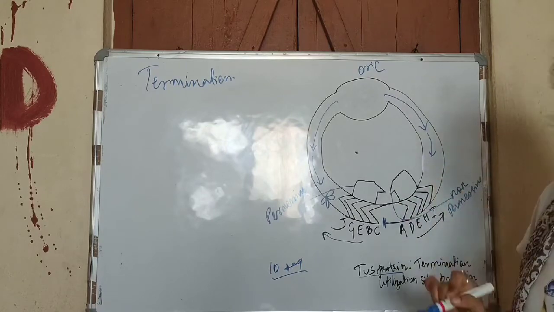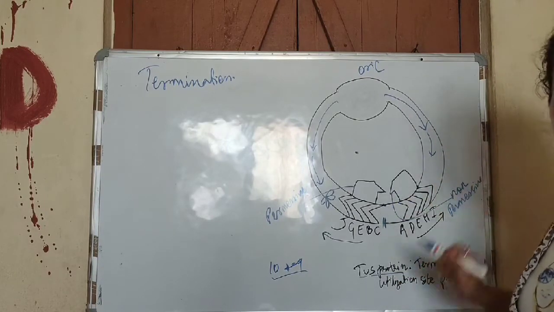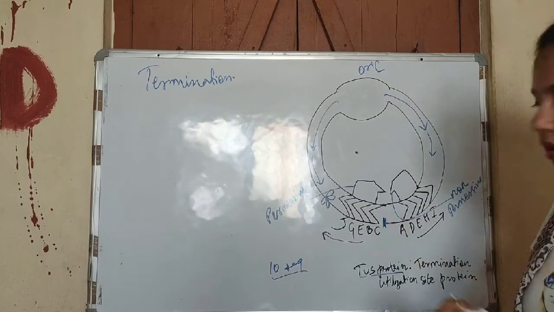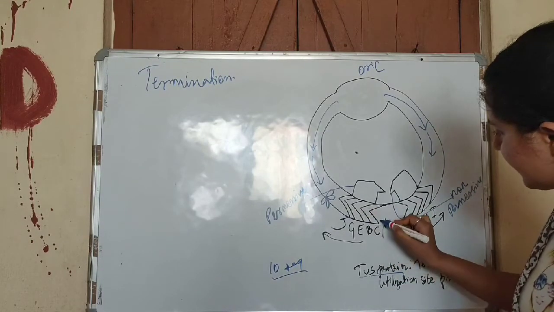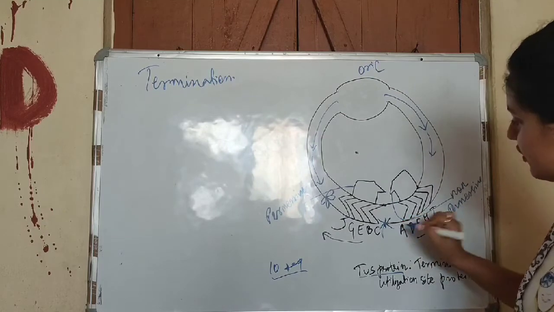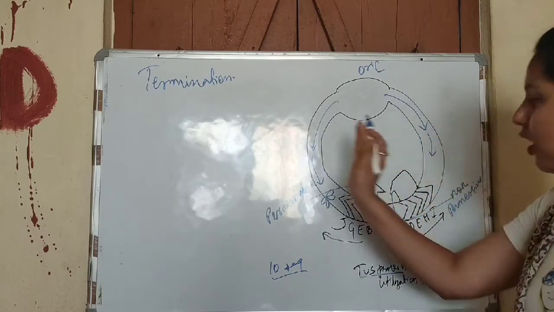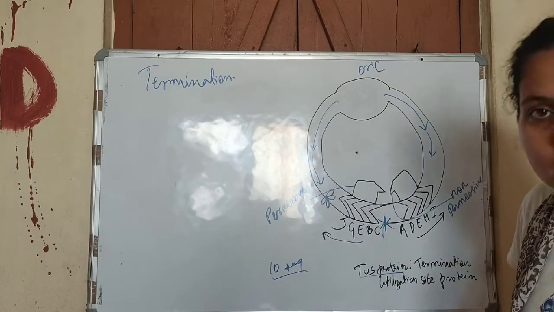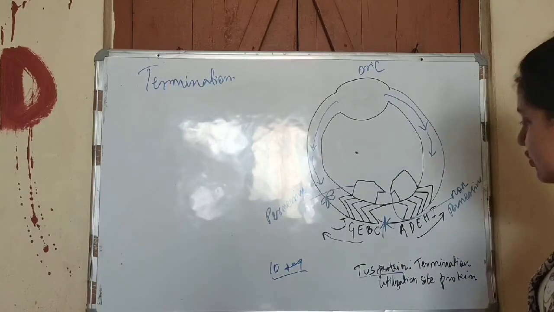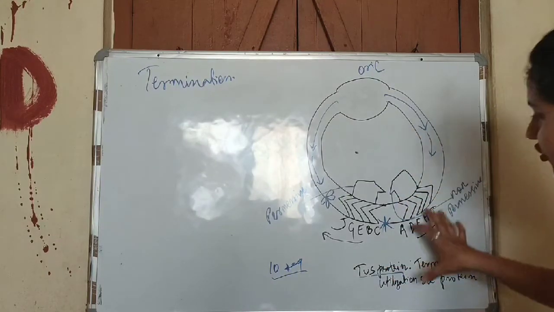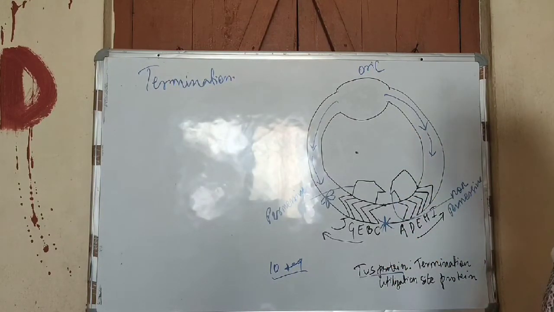So they will meet up at a point, right? From both sides they are coming, and they will stop at a point because they are not allowed to go further, isn't it? So at this point the replication will be terminated, right?